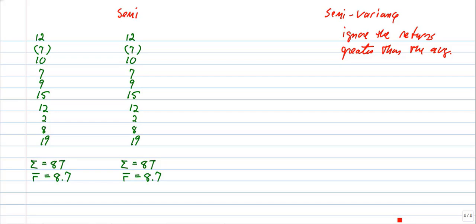Okay, so semivariance is going to consider only those returns that are less than the average. Basically, it ignores the returns that are greater than the average. So whereas standard deviation would use all of those returns, semivariance doesn't use all of the returns to calculate some measure of risk. It only includes the ones that are less than the average.